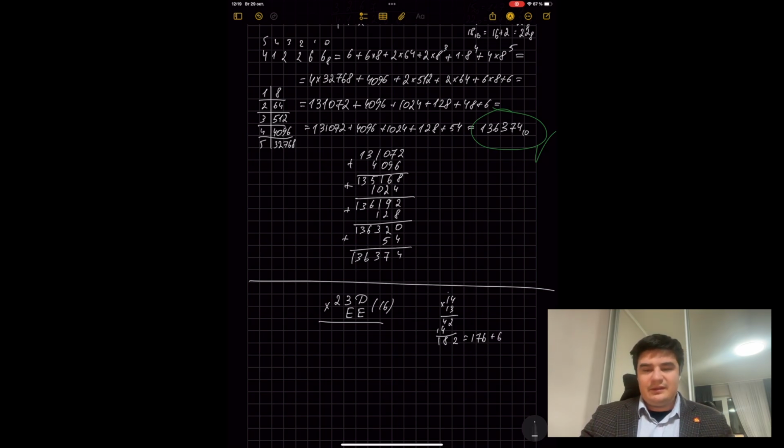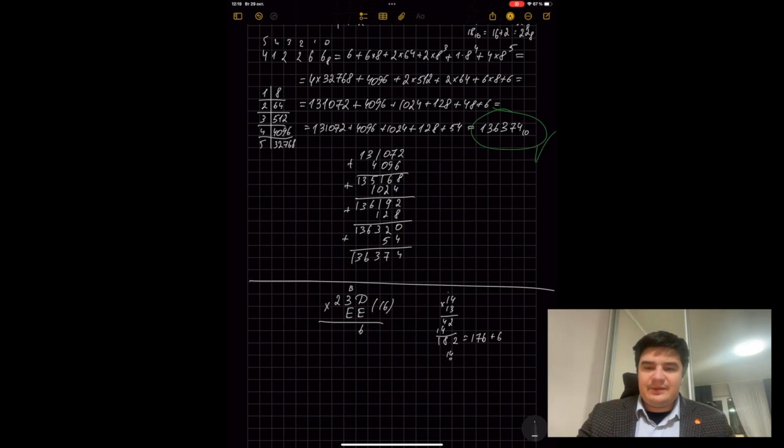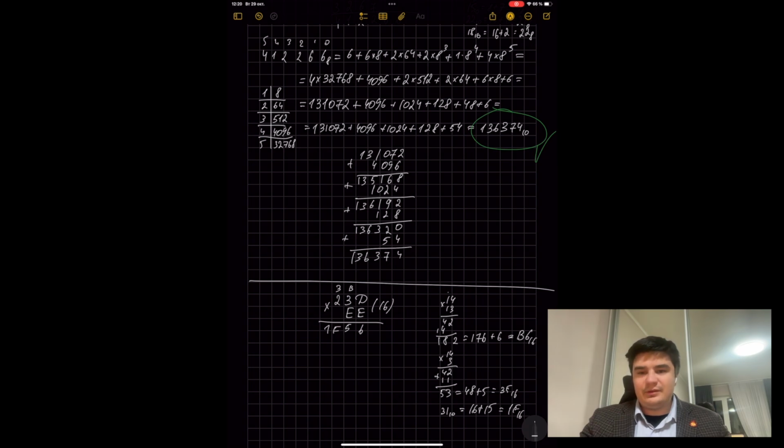We write down 6 and carry over B. Next, 3 times E plus B gives 53, which is 35 in hexadecimal, since 53 is 3 times 16 plus 5. We write down 5 and carry over 3. Then 2 times E plus 3 equals 31 or 1F in hexadecimal. 31 is 1 times 16 plus 15.